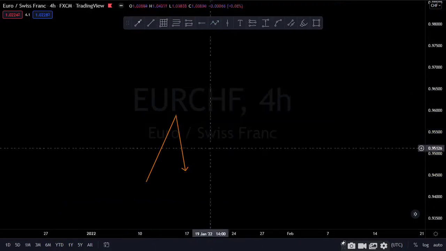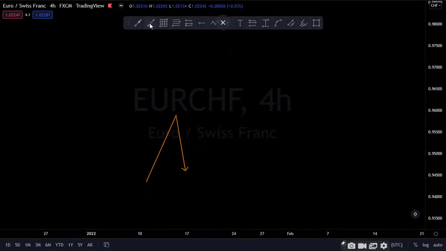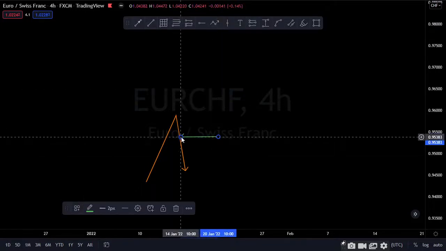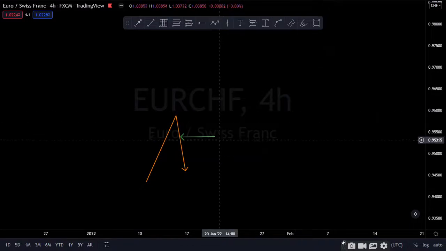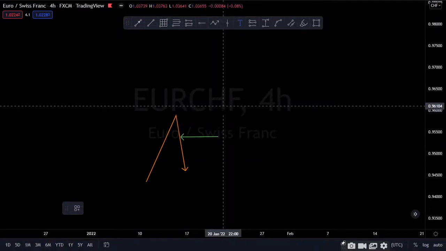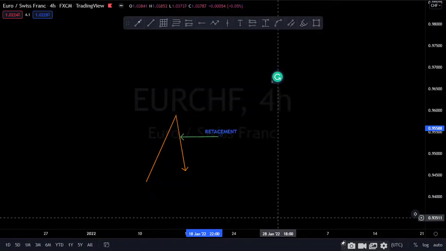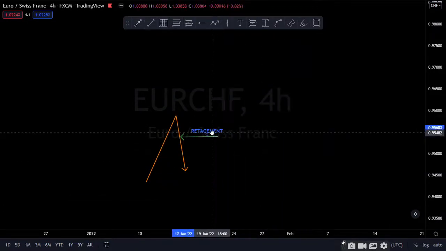Okay, it comes down to fill this liquidity. When it's coming down, this is called retracement.